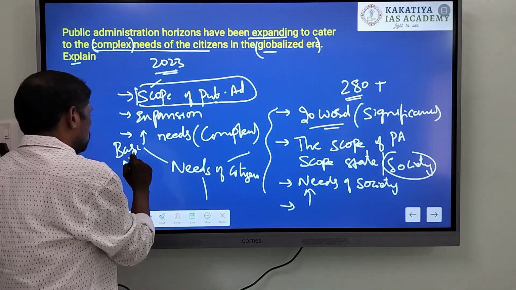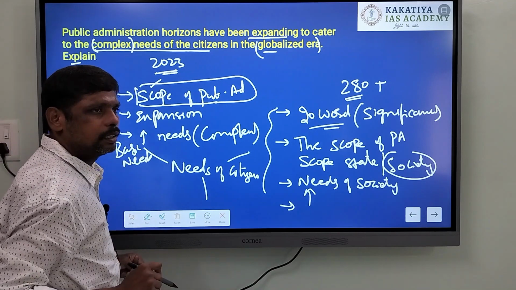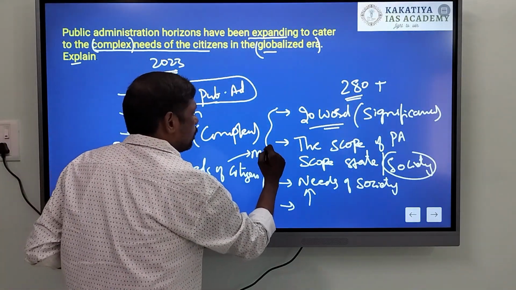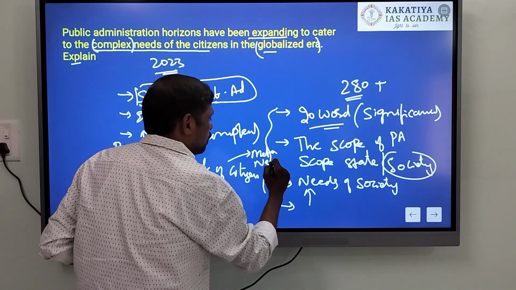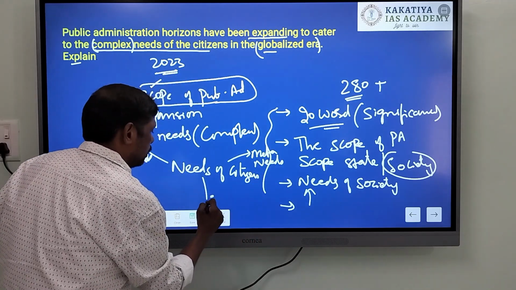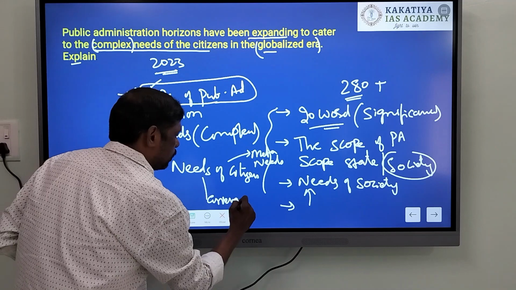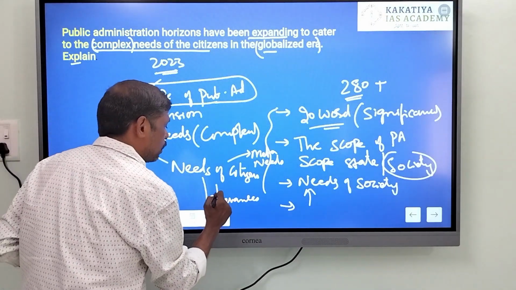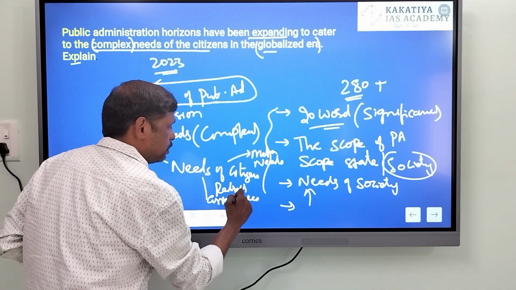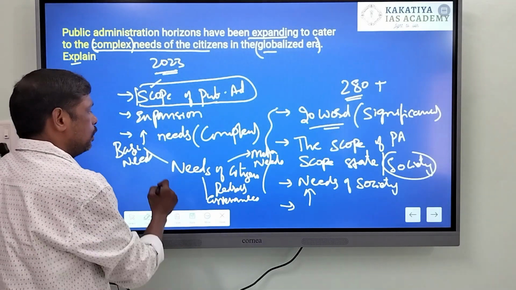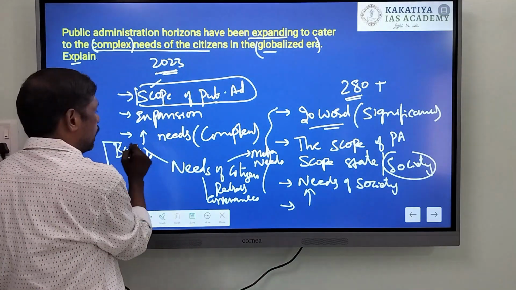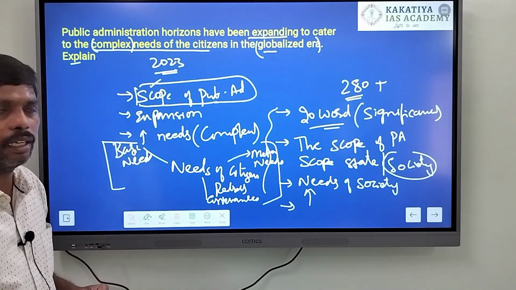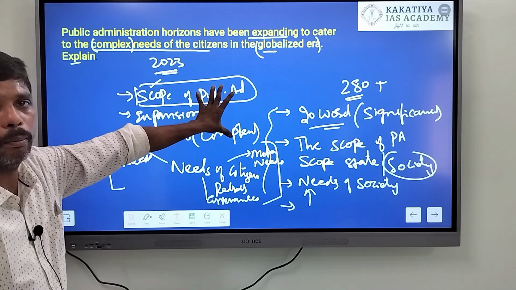Basic needs, then you can call them meta needs, and grievance redressal mechanisms, that is, redressal of grievances. Use these kinds of basic charts so that your answer looks better. So this is how you can increase your marks.